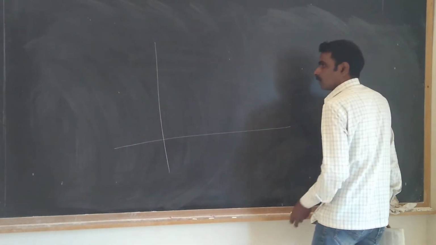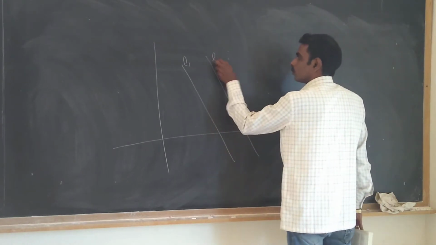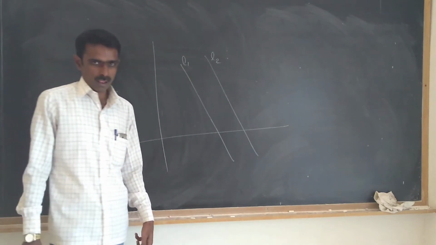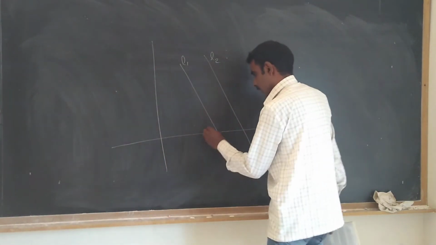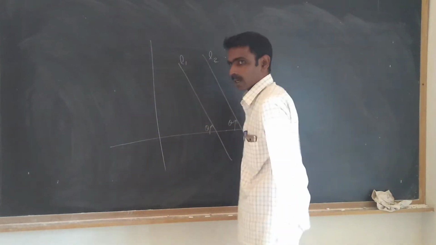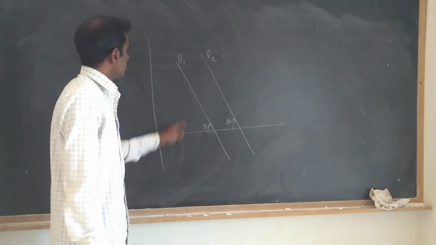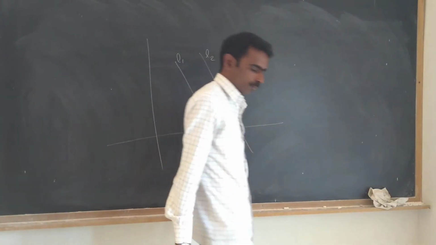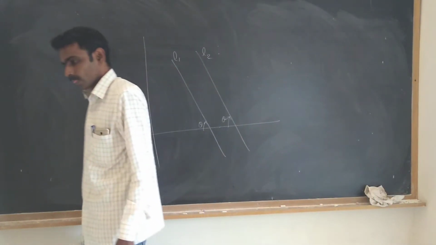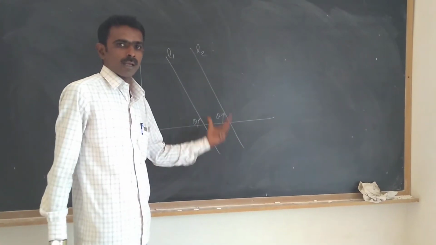Now, let L1 and L2 be two lines which make the same angle theta with the positive direction of the x-axis. Only then will these two lines be parallel.